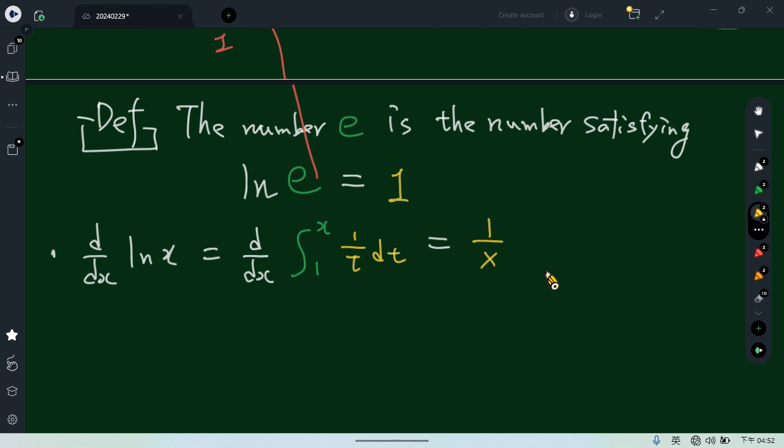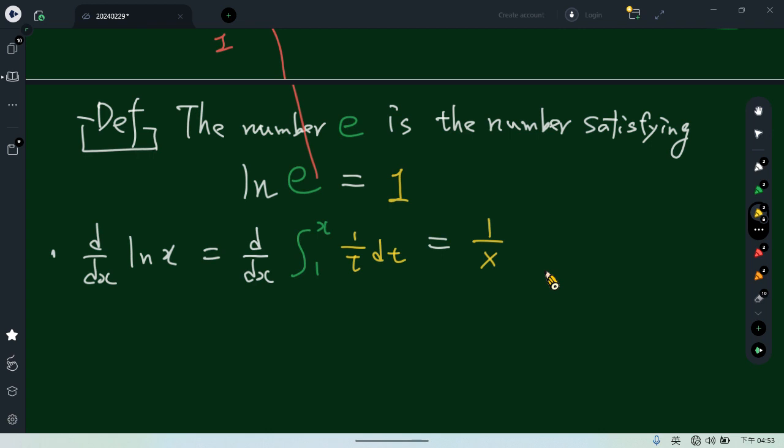Why is it 1 over x? Do you still remember the fundamental theorem? We just integrate something, then differentiate the result, and we get the result back. Did you remember? 微积分基本定理，先积分，再微分，它会还原。But don't forget, t here is t, and this is x.